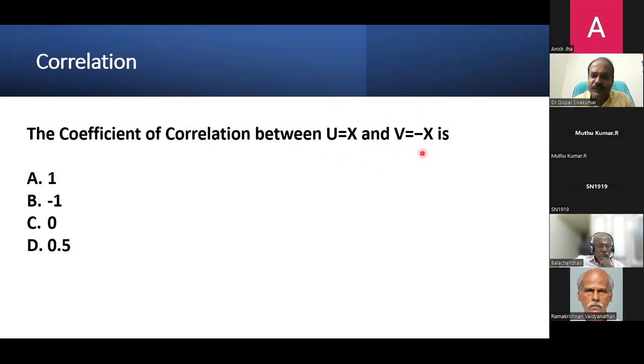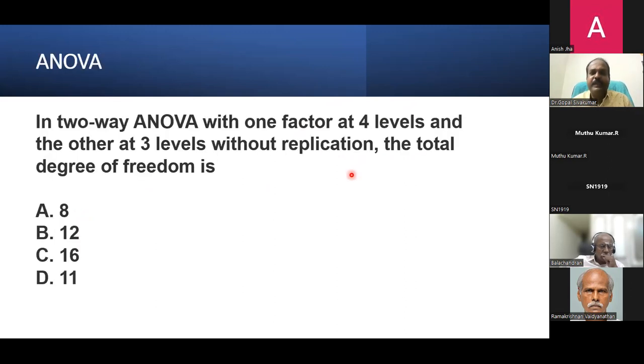Now what is the coefficient of correlation between u and v? -1. All of you understand? We studied between x and y, but now it is narrated between u and v. The rules are common, between x and y or u and v.